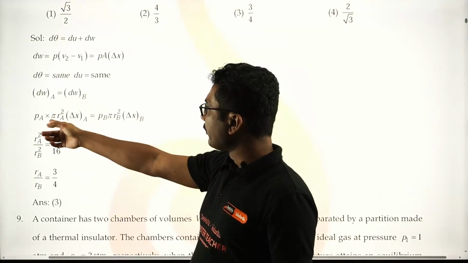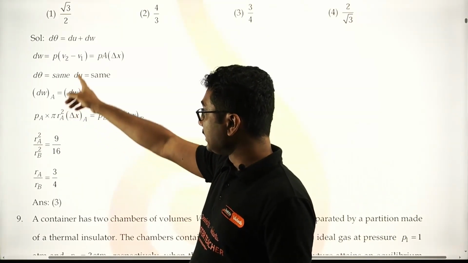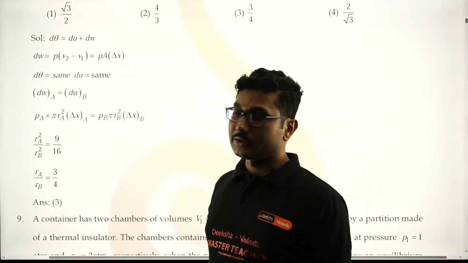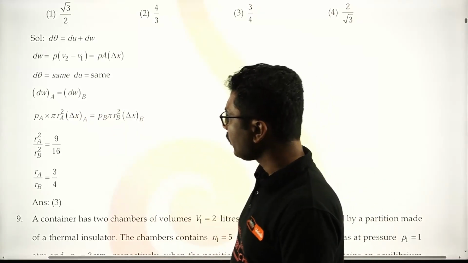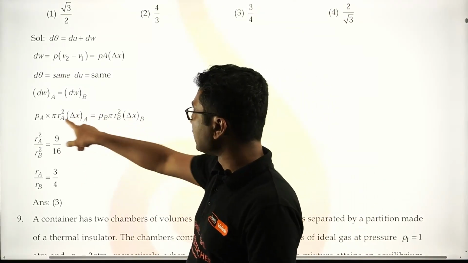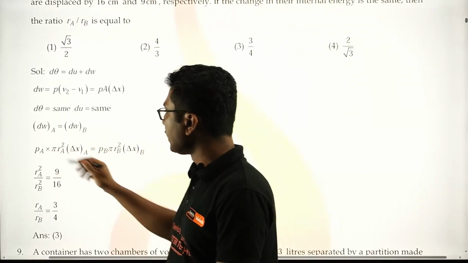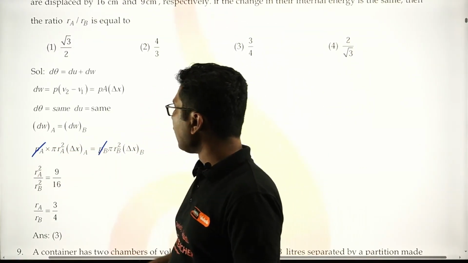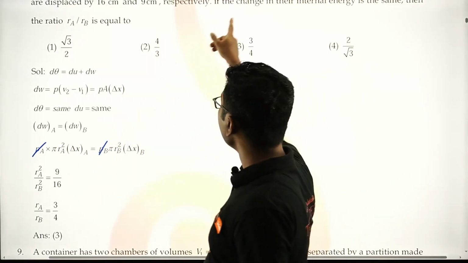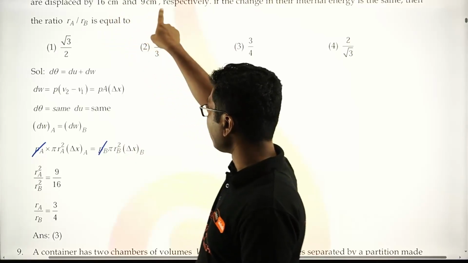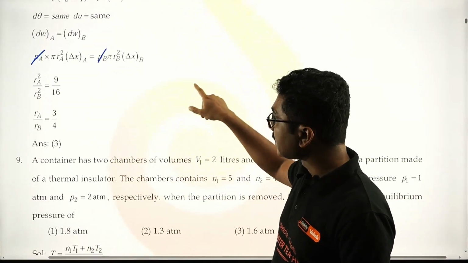From there we can say P A into pi RA square, the area being pi r square, equals P B into pi RB square. Obviously pressure is constant, so PA must be equal to PB, so the pressures will cancel, and you will get the ratio of RA by RB from there. Delta X for A is 16, and for B it is 9. If you put in that value, you will get 3 by 4. So the correct answer is option 3.